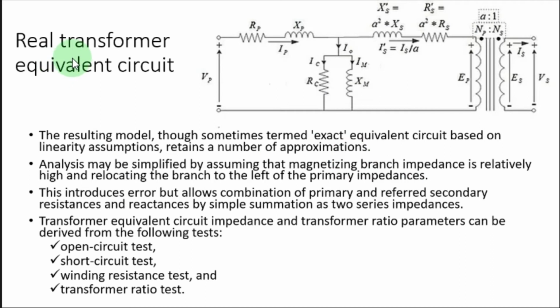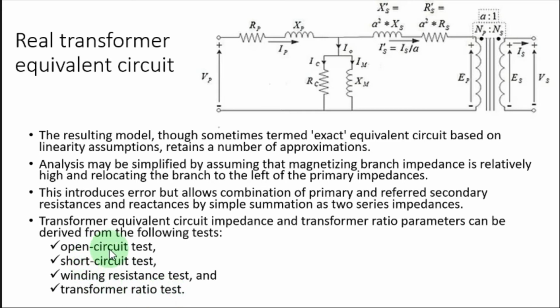Finally, these parameters of the transformer equivalent circuit like RP, XP, XS, RS, and this RC, XM, all these parameters can be found by using several tests. They are called open circuit test, short circuit test, winding resistance test, and transformer ratio test.